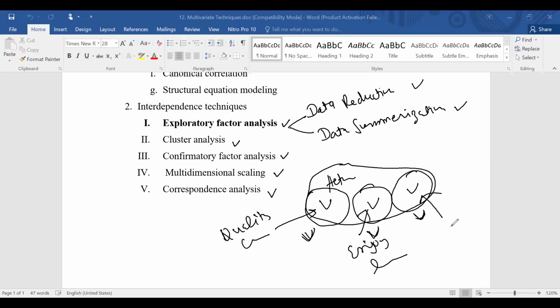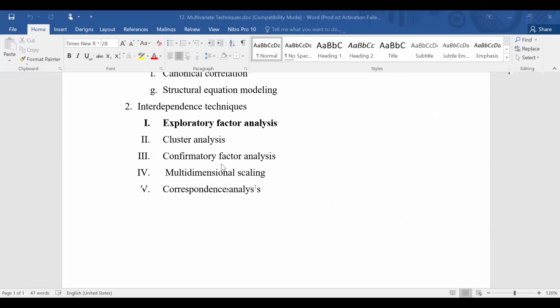Here buyers may be passive buyers or economical buyers. They do not buy costly products. So through interdependence technique, we can divide the population into several clusters or groups. Now this exploratory factor analysis.